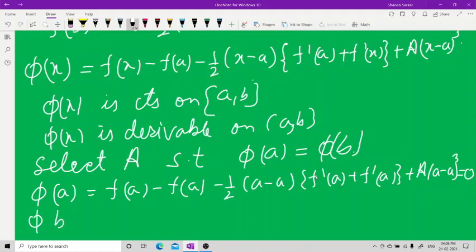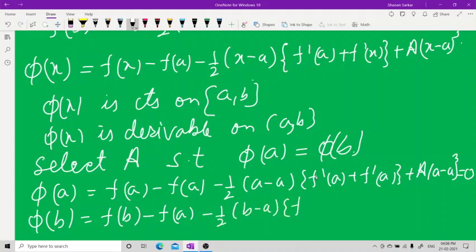Now phi b is f(b) minus f(a) minus half (b minus a) [f'(a) plus f'(b)] plus (b minus a) whole cube.